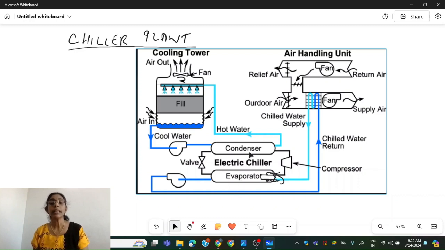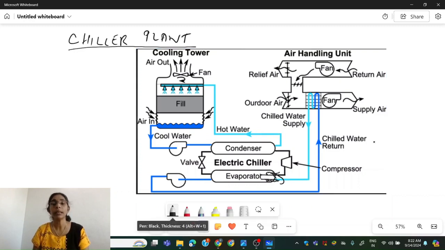Now the next thing: in the condenser, I told you the refrigerant is losing the heat and gets converted to liquid state. Where is it losing the heat? It is losing the heat to a heat exchanger. Here you can imagine again there are two tubes like this.